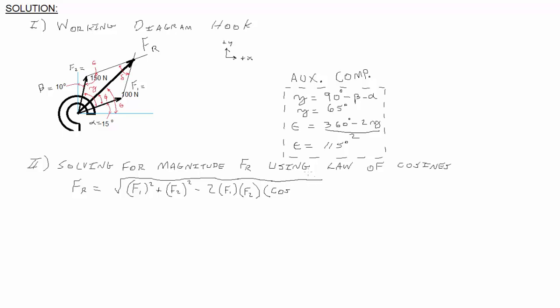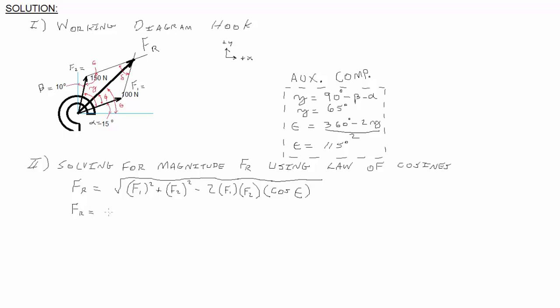Now if we look at this particular triangle, here we've got FR, here we've got the F2 and F1. The angle opposite FR is the angle that does not touch FR, which is this angle right here. I don't have it labeled, but it is epsilon. So that's our equation with our variables with the unknown solved on the left side.